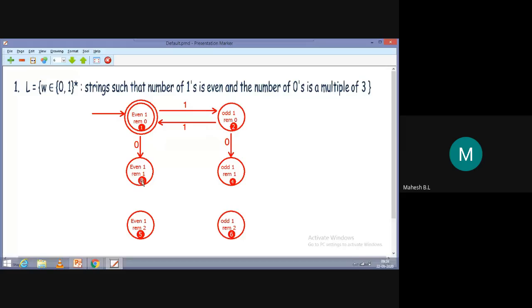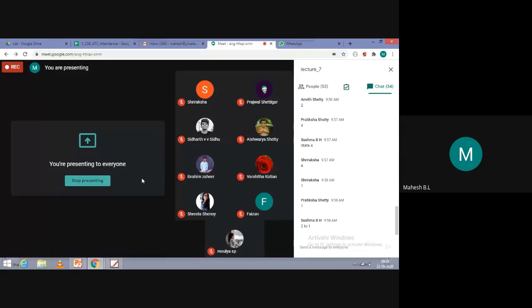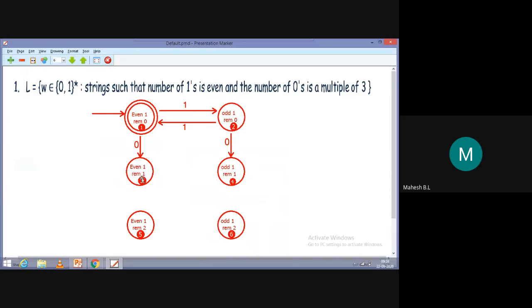if the input symbol is 0, what transition do you need to make?